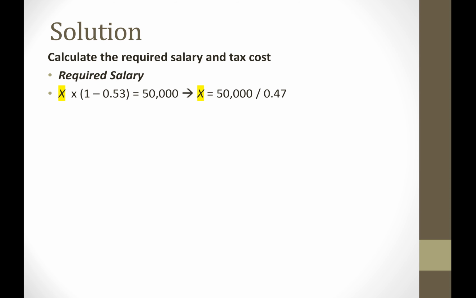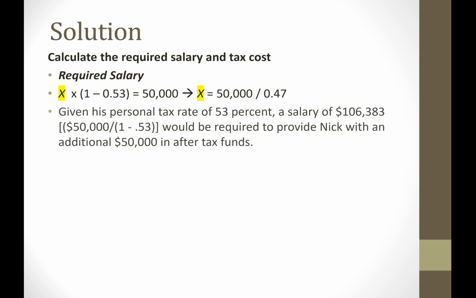X is the amount of before-tax salary he requires, times 1 minus 0.53. 0.53 is Nick's personal combined tax rate, and that needs to equal 50,000. If we rearrange the calculation, X is equal to 50,000 divided by 0.47, and working through the math, we see that Nick will require that C Corporation pay him a salary of $106,383 to be left with $50,000 of after-tax funds.